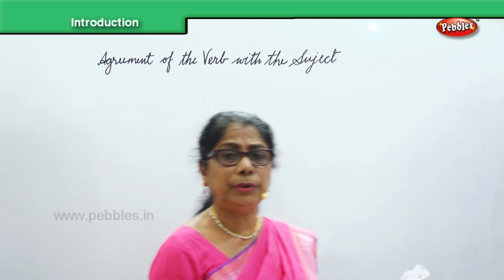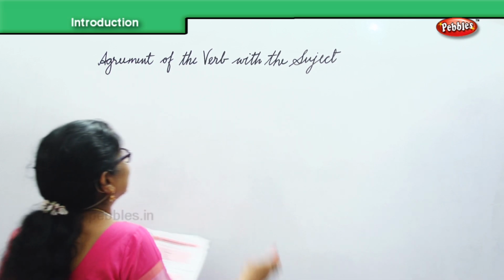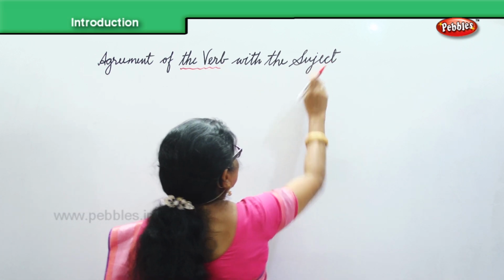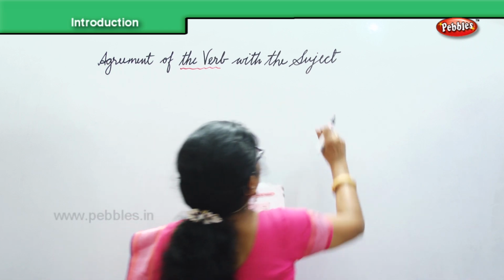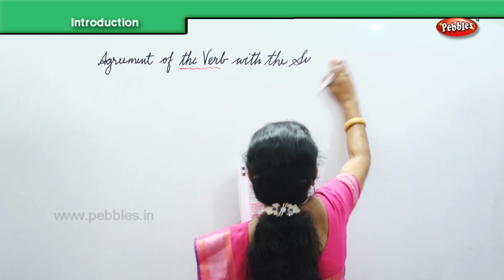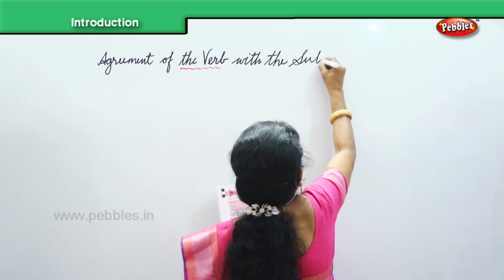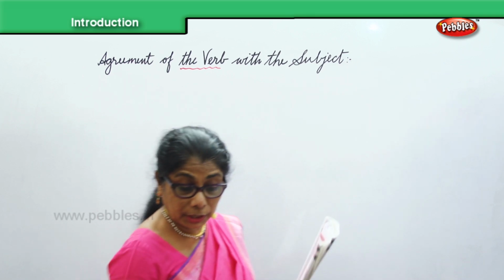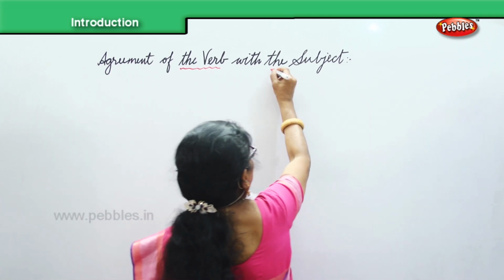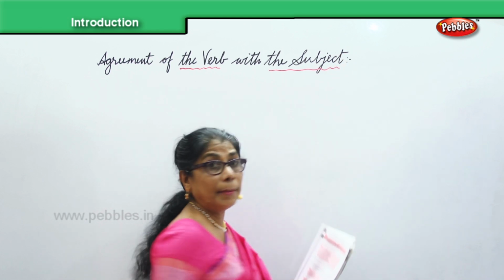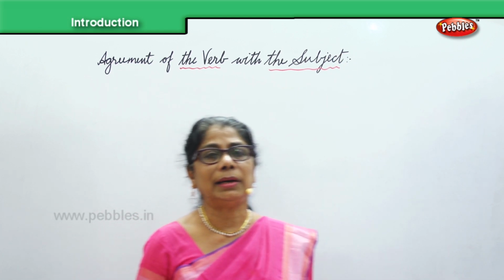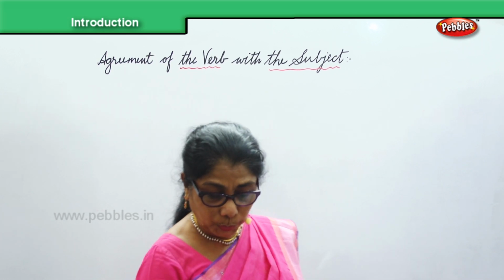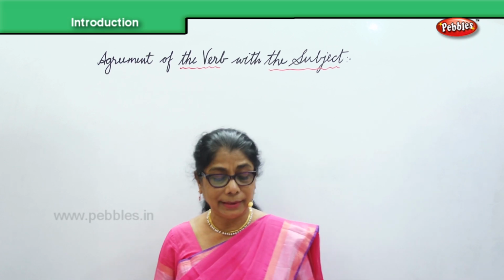Whatever writing we may do, the most important things are the verb and the subject. They must agree. They are playing. They are coming. We are going. So when you look at the subject and the verb, you have to see that they agree.